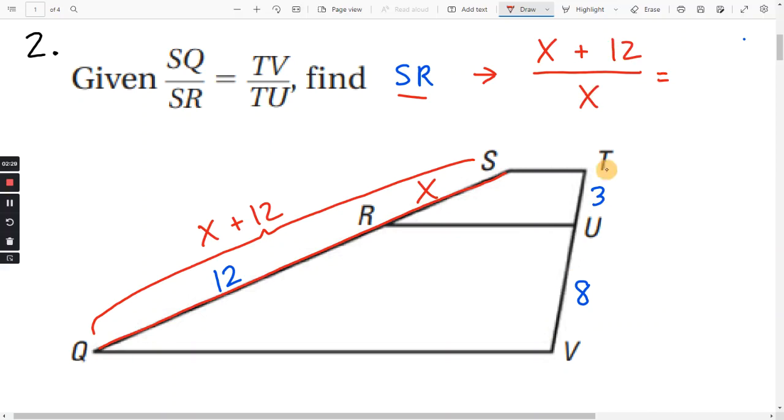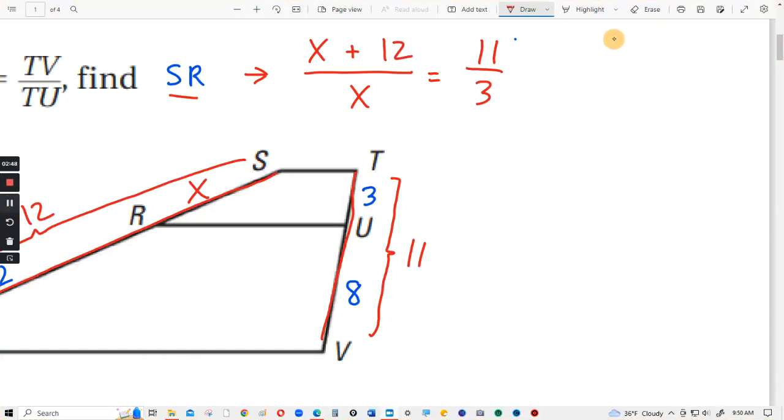TV is this whole thing right here from T to V. So that's just going to be 3 plus 8, which is 11. And then TU is just this right here, that's 3. Alright, now we just cross multiply.